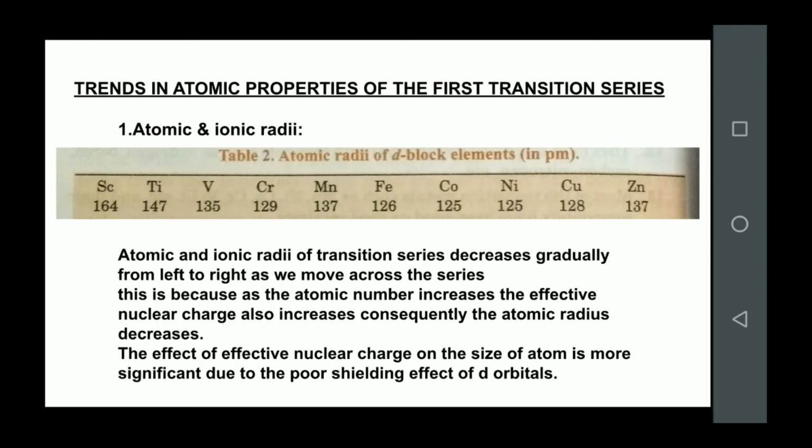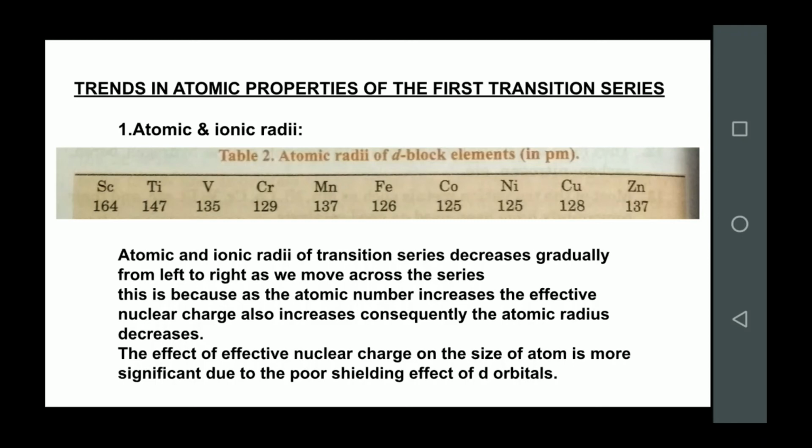So when the atomic number increases, the effective nuclear charge also increases, and the outermost electron will experience more attraction toward the center. Due to the more attraction between the nucleus and the electron, the size of the atom starts reducing, because the nucleus is pulling the electron towards itself.